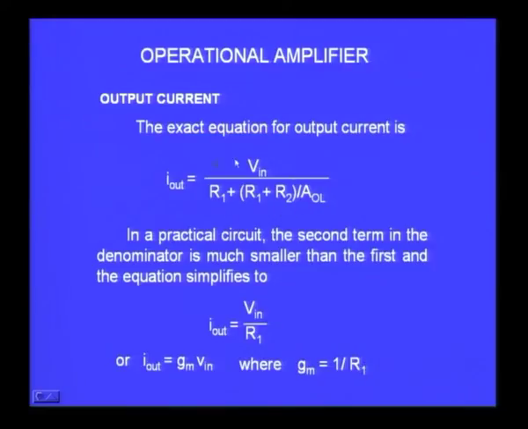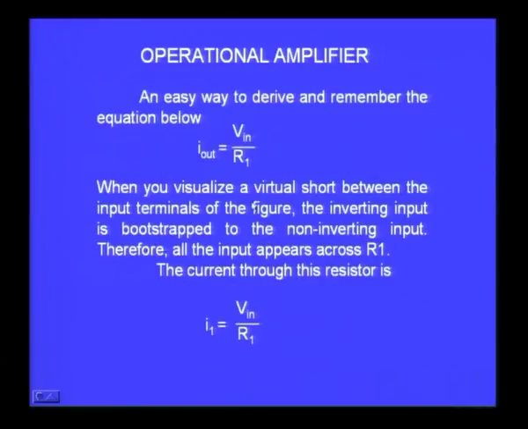The exact equation is I output is given by V in by R1 plus R2 divided by AOL, and because AOL is much larger, this term can be ignored, and therefore what you are left with is only V in by R1. So this is also a very simple circuit which will provide you with a conversion from voltage to current.